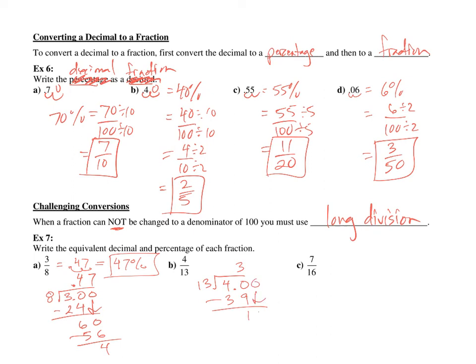Bring down the 0. Okay, so 13 goes into 10. It doesn't go in. It's 0. 0 times 13 is 0. Difference is 10. And we could continue going on and bring down the 0 and figure out how many times 13 goes into 100. But you just need 2 digits. All right, bring up the decimal. So we have 0.30 or 30%.